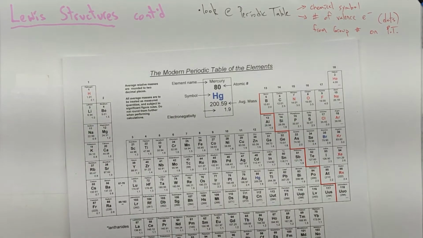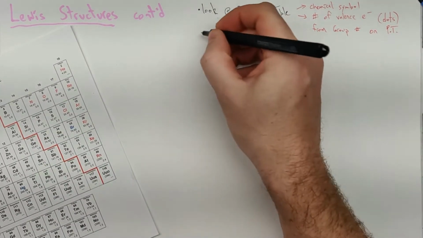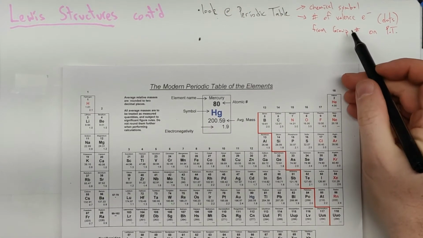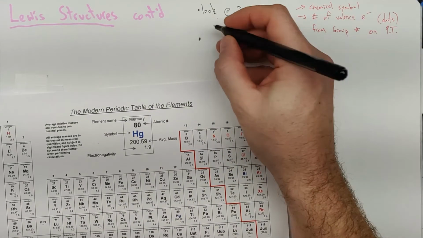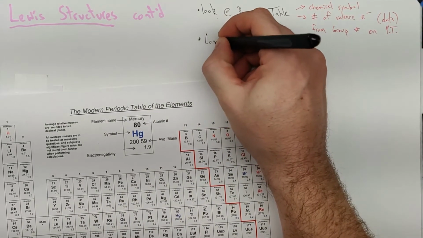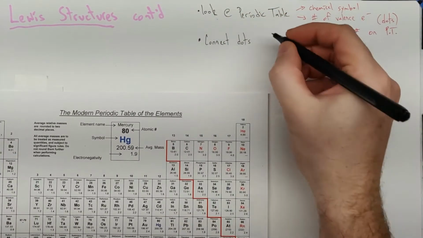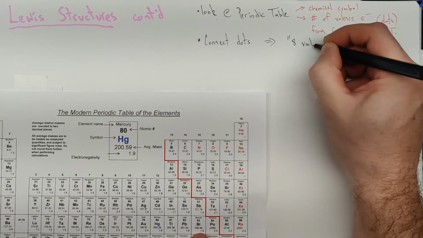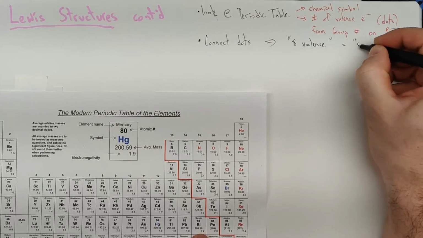All right. Other skills that we needed last time: we needed to be able to count to 8 to get our number of valence electrons and draw dots, and then connect dots. Our goal eventually was that we want 8 valence electrons for each atom, and that is our octet rule.